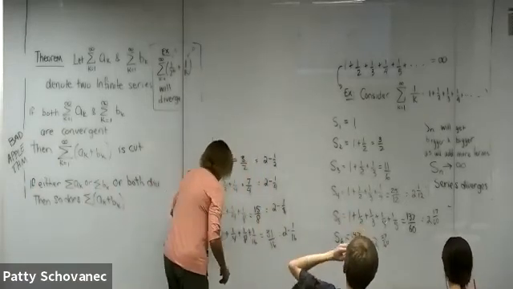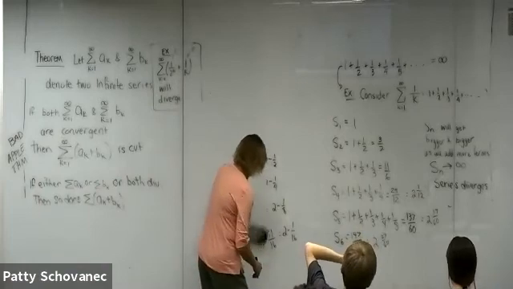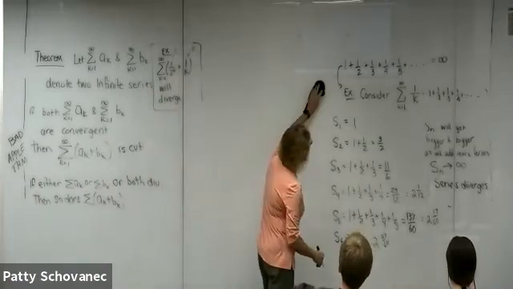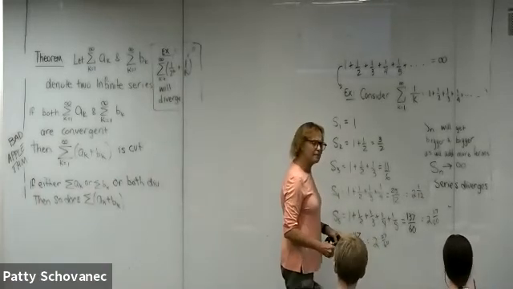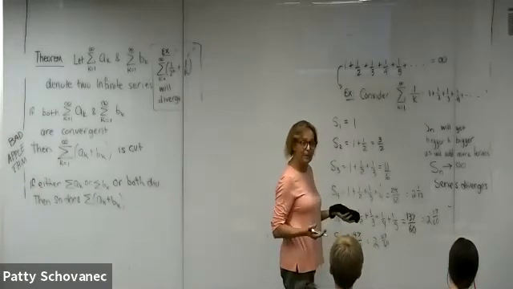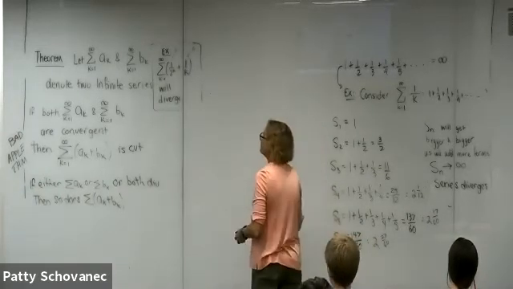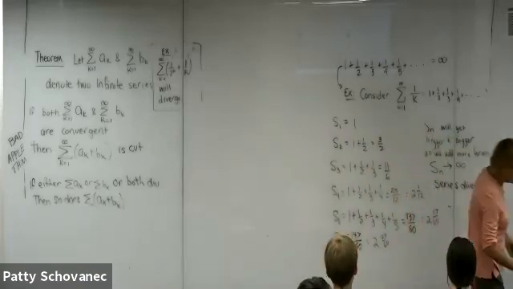Okay, so it's not always easy to come up with the formula for the sequence of partial sums, but let's look at some that maybe we can. Let's consider this one here.